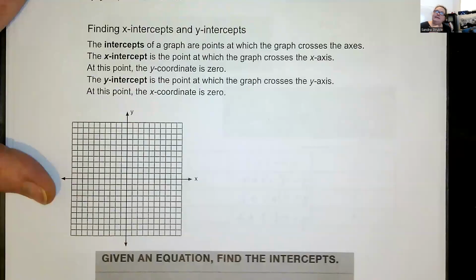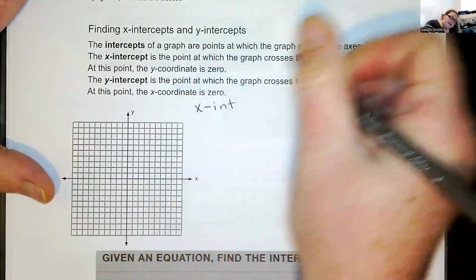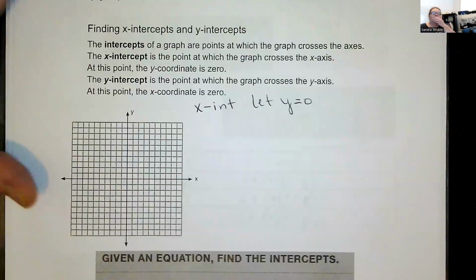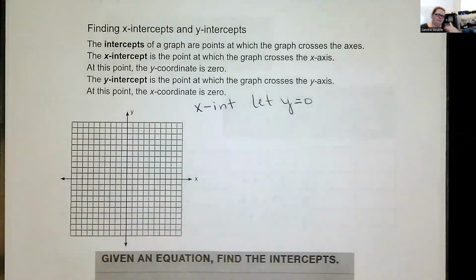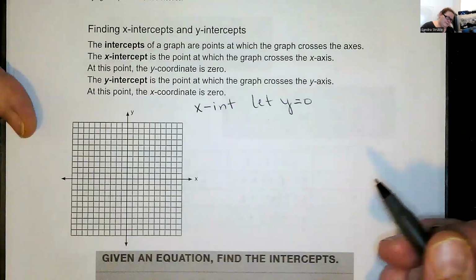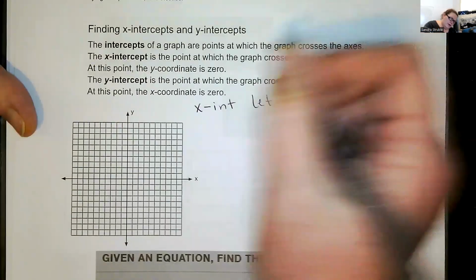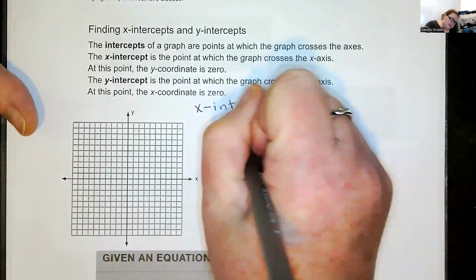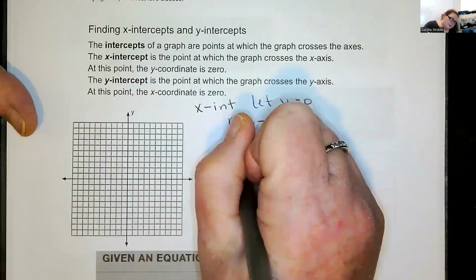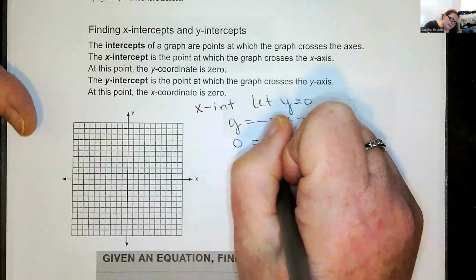To find the x-intercept, I let y equal 0. And when I do that, I'm going to go back to the same one I had up there, which was y equals -x plus 2. I'm going to let y equal 0. And I get -x plus 2.